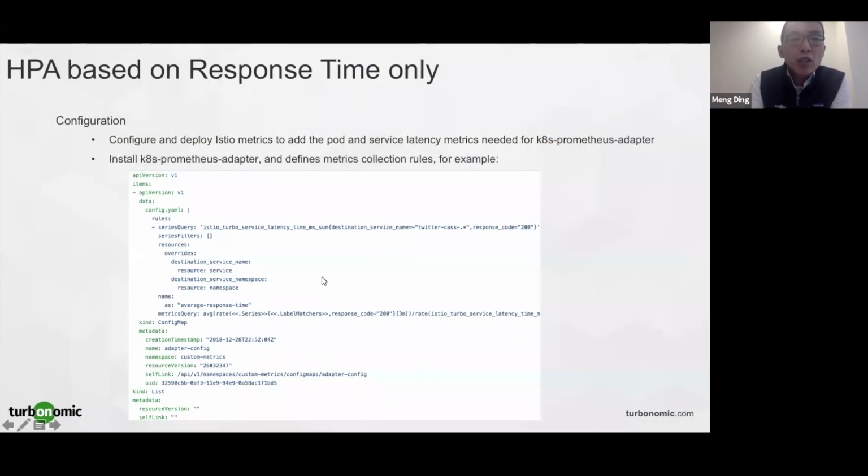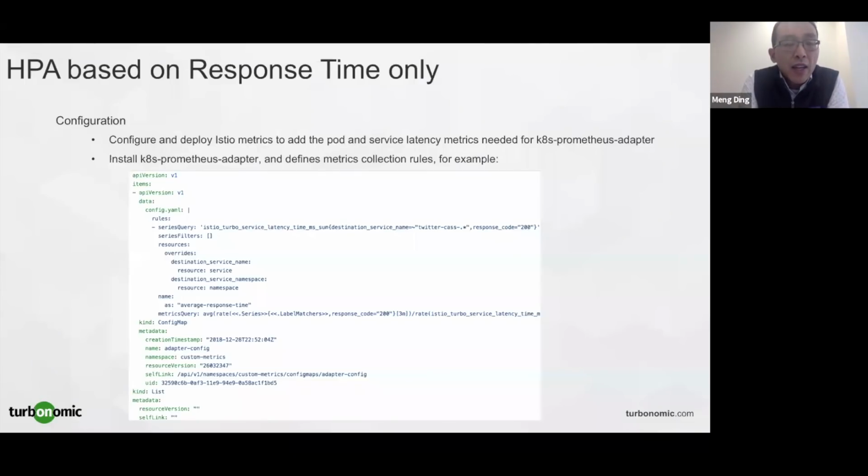But it turns out that enabling custom metrics based HPA requires a little bit of work. First of all, we need to deploy the Istio metrics to collect the response time, which is the same as latency and transactions, whatever custom metrics you want to collect.